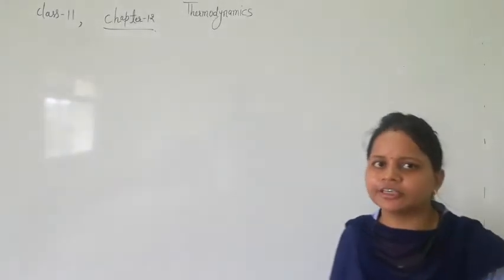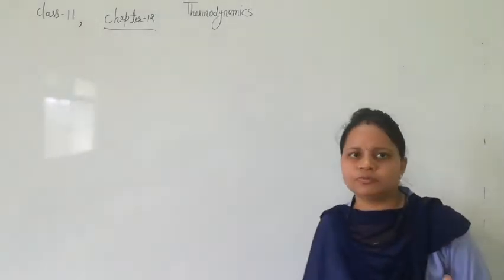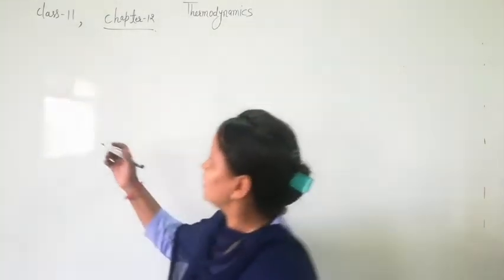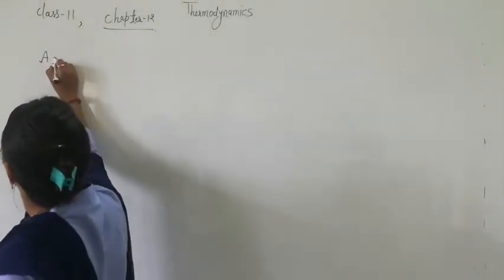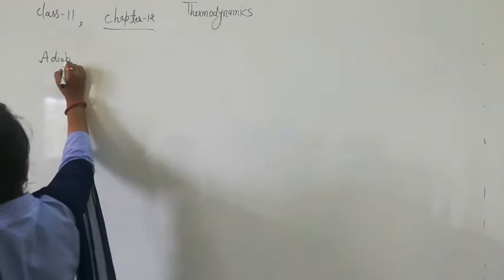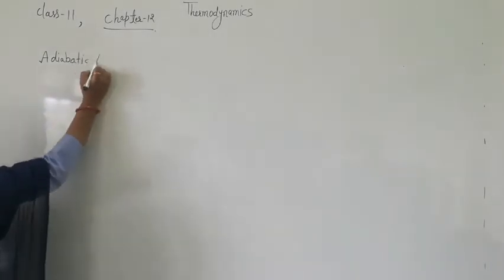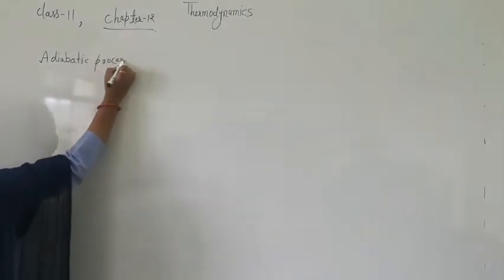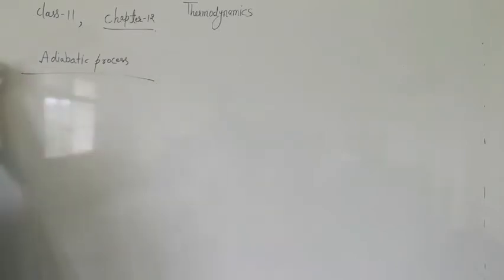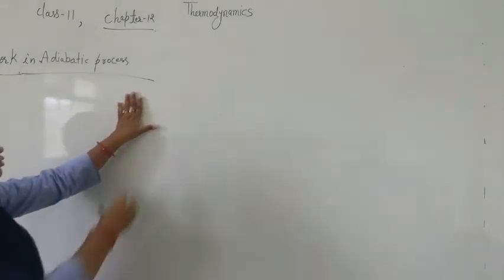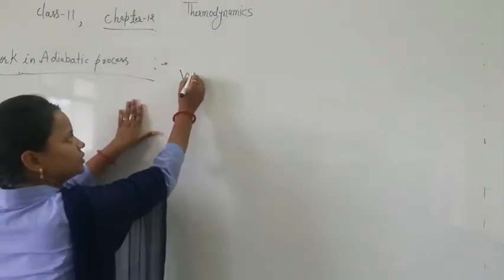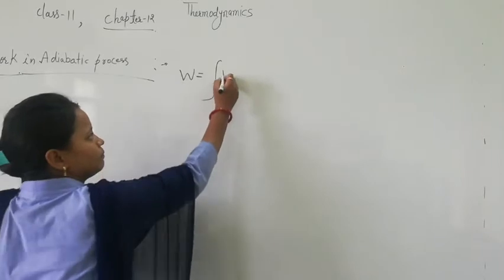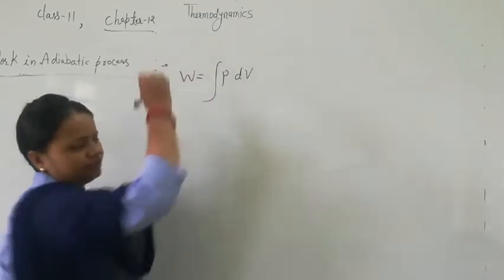The topic is the work done in four processes. First we calculate the work done in the adiabatic process. The formula of work done in thermodynamics is the integration of P dV.